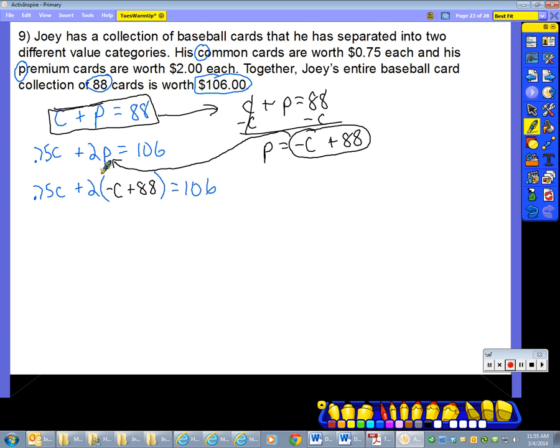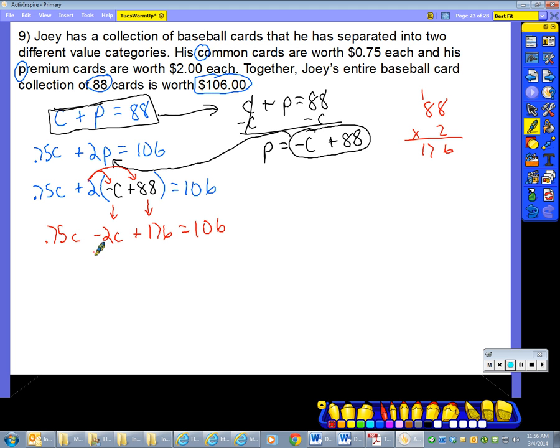Now I'm just going to use the distributive property and solve this. 2 times negative C is negative 2C, and then 2 times 88, let me make sure I get this right: 88 times 2, we've got 16, carry your 1, 16 plus 1 is 17, so 176. And then don't forget your 0.75C up front, equals 106.